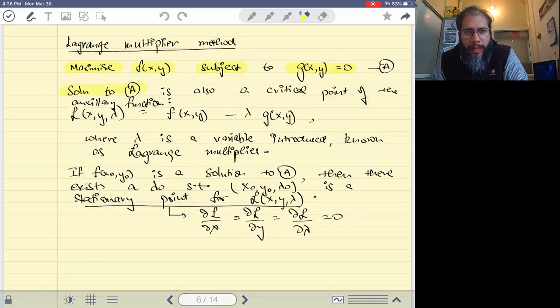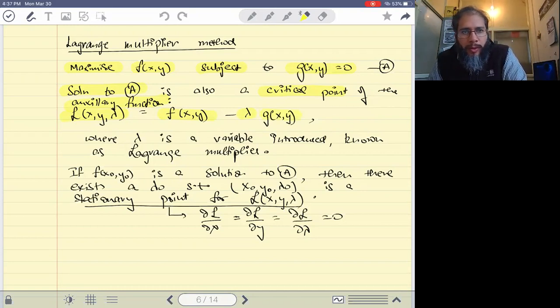So what the method says is that the solution to A, which is the maximum of f, or the point x0, y0 which corresponds to the maximum value of f, is also a critical point or a stationary point of the auxiliary function. L is called the auxiliary function, which is nothing but f(x, y) minus some variable lambda times g(x, y).